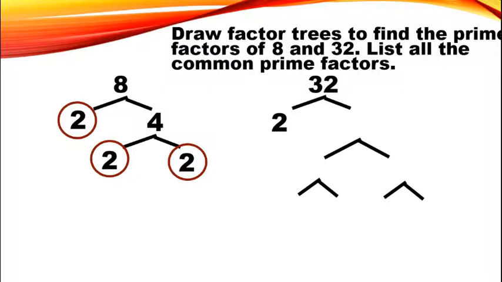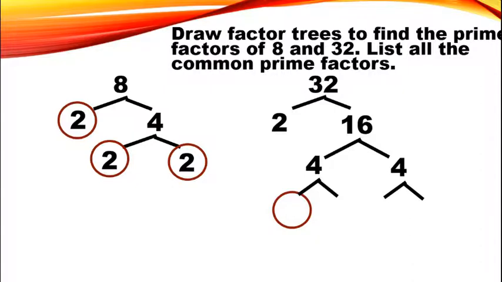How about 32? We can multiply 2 times 16 to get 32. Again, 2 is a prime factor, so we'll encircle it. How about 16? We get 4 times 4.